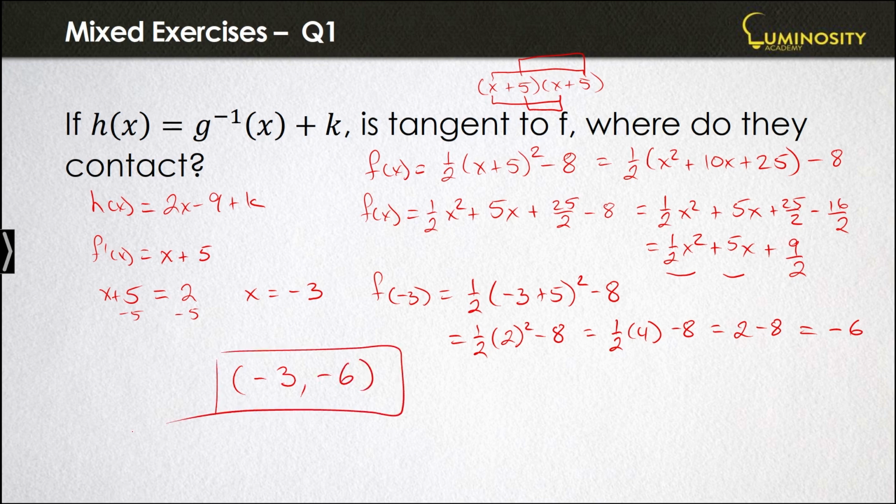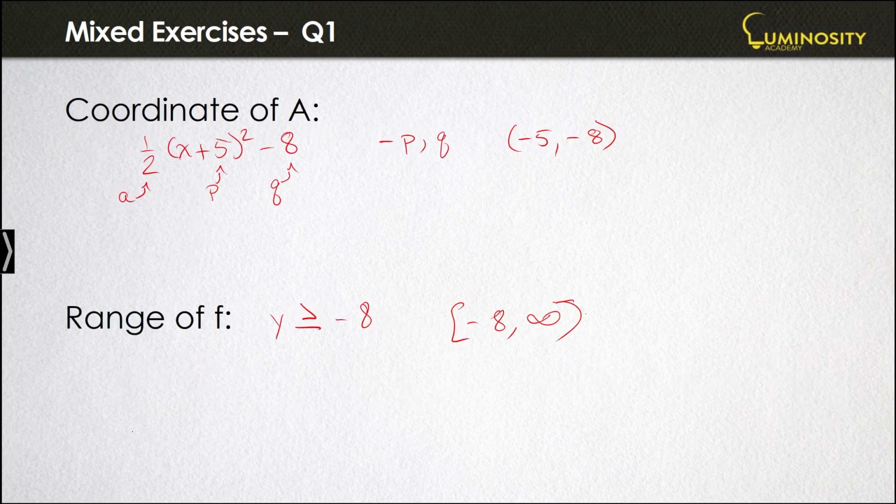And that would be your answer. So guys, this is how you solve one of the problems on your exams. As you can see, they kind of scaffold it up, so each problem builds on the other. And it's important to get these correct, because if you look all the way at the beginning, knowing the coordinate of A helped you get the range of f.